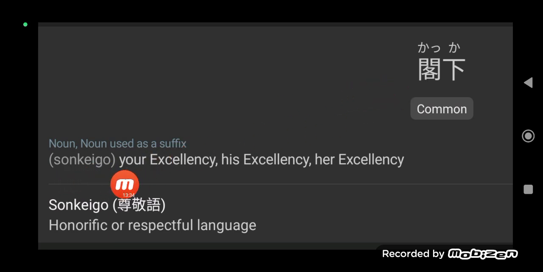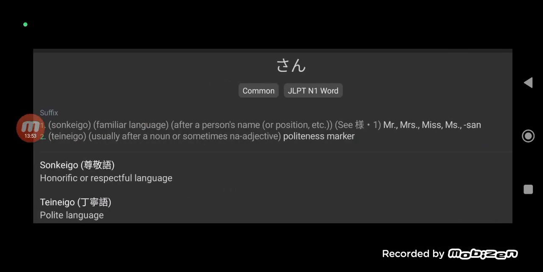That means Your Excellency, His Excellency, Her Excellency. It's kika, and it's a sonkeigo, a very respectful way. Sonkeigo, kika. But remember, the equivalent is Your Excellency.